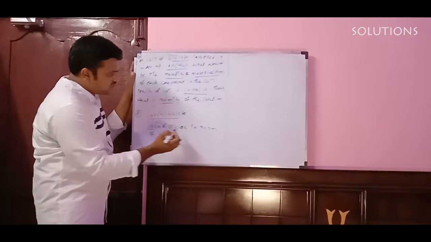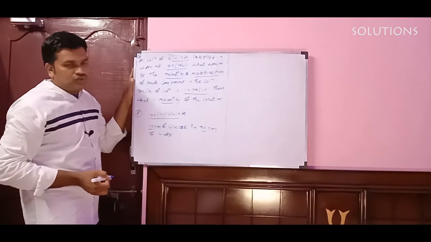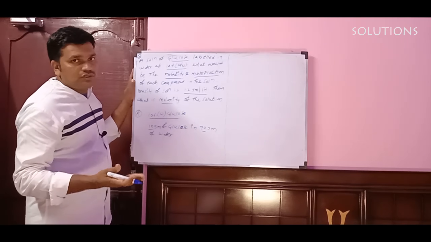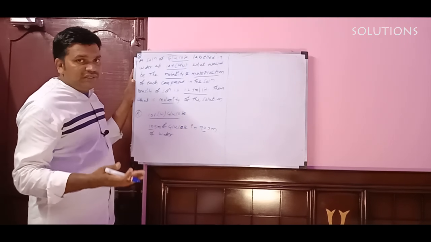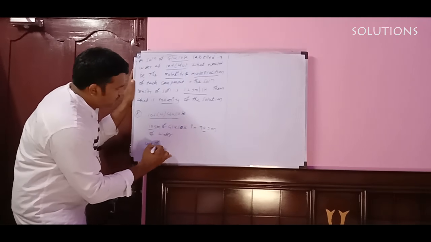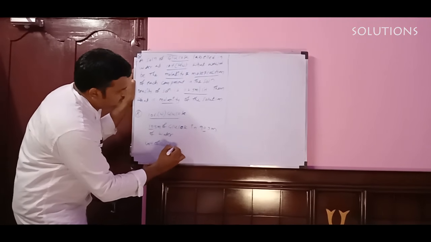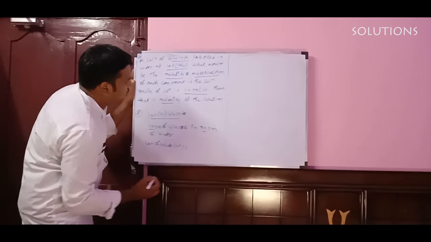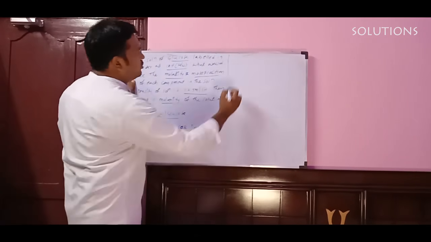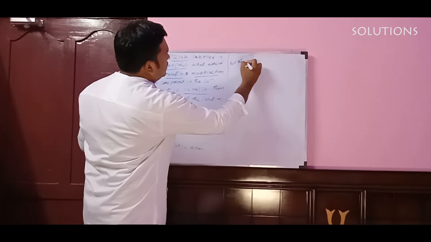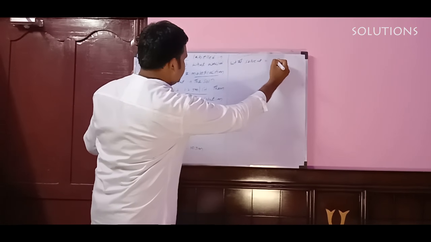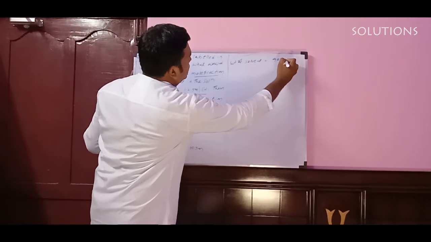Here 10 grams is there, here 90 grams is there. So which is solute and which is solvent? You know the solute is the least amount, and the solvent is the large amount. The weight of solute is 10 grams, and the weight of solvent is 90 grams.